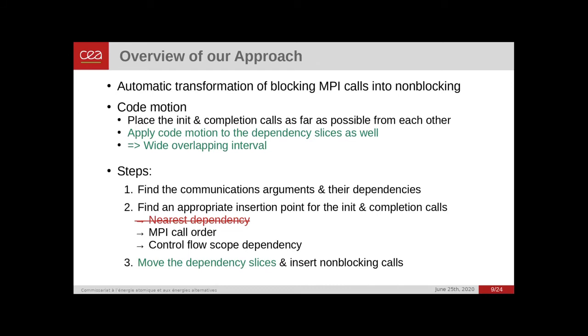We will be expanding on the idea of moving the non-blocking code, but also applying the code motion on the dependency slices, so we can end up with even larger overlapping intervals. So the steps remain mostly the same, except that now we no longer consider the nearest data dependencies as insertion points, and instead we will move them along with the non-blocking codes in order to have larger possibilities.